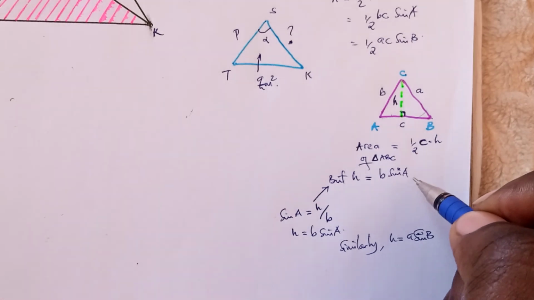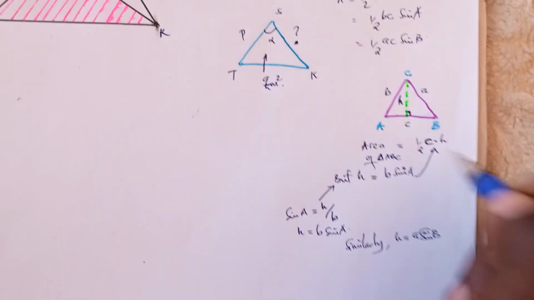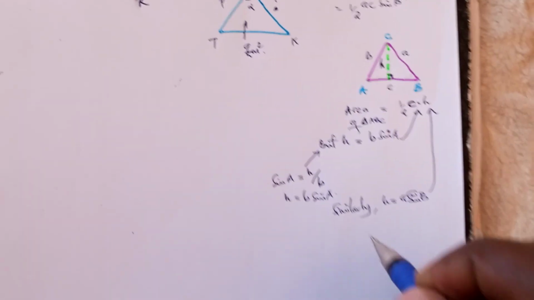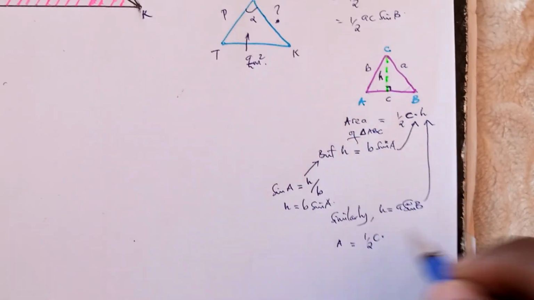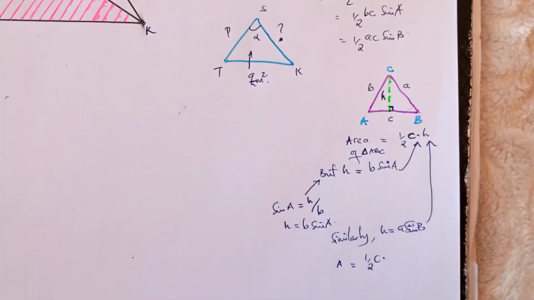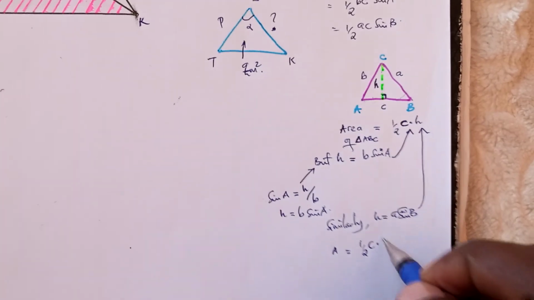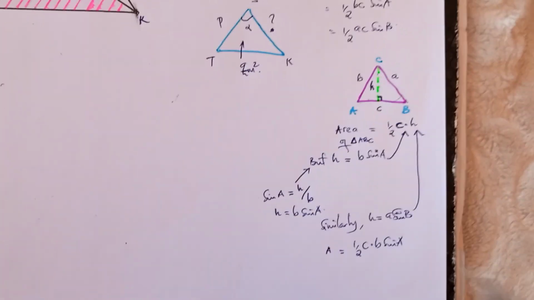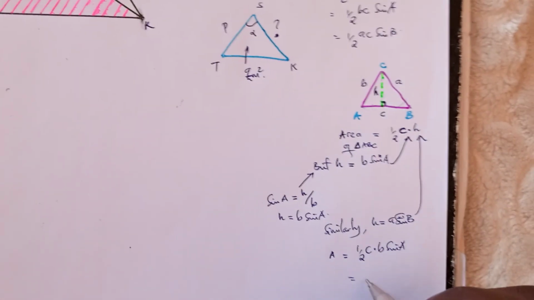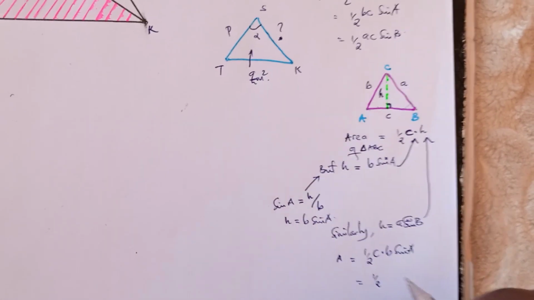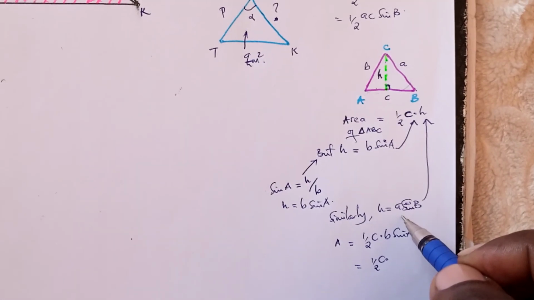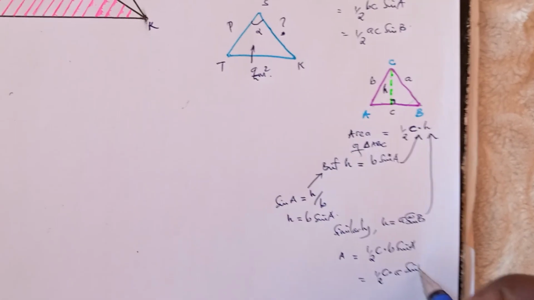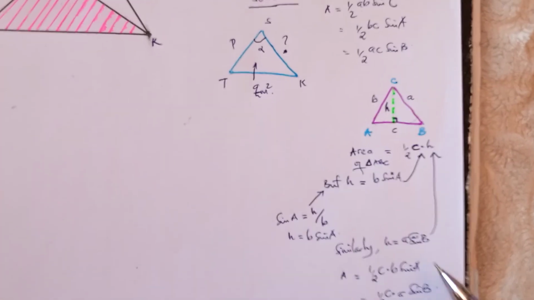So we can substitute both of these here, and we come up with area A, which I'm calling A, as a half C times H for this triangle, that is B sine A, or it is the same area, a half C times, now this H, A sine B. So this is how we come up with these equations.